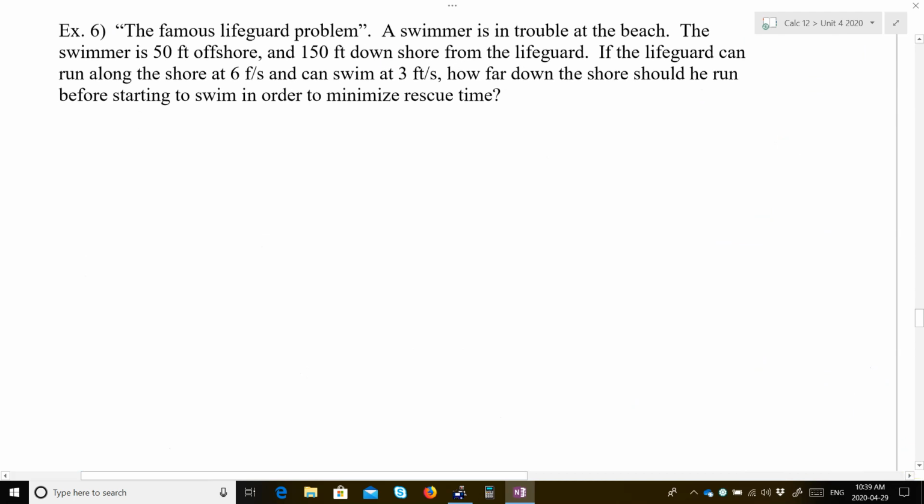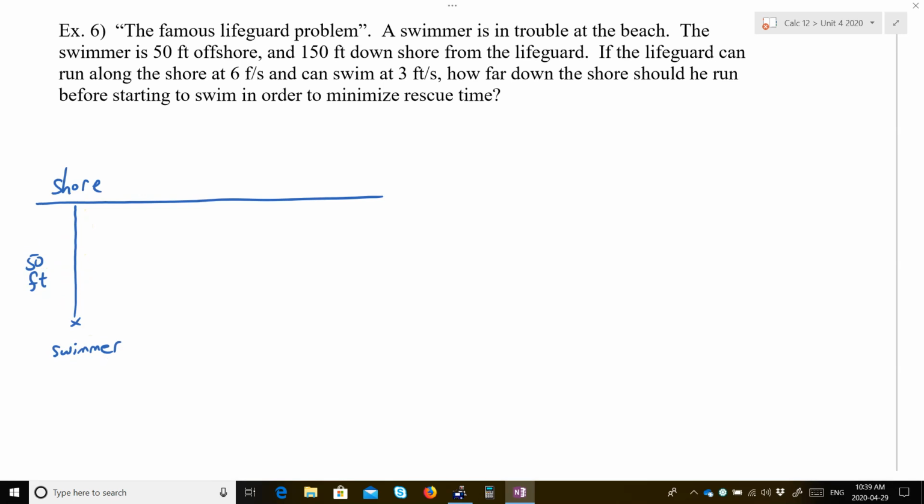The famous lifeguard problem. A swimmer is in trouble at the beach. The swimmer is 50 feet offshore and 150 feet downshore from the lifeguard.